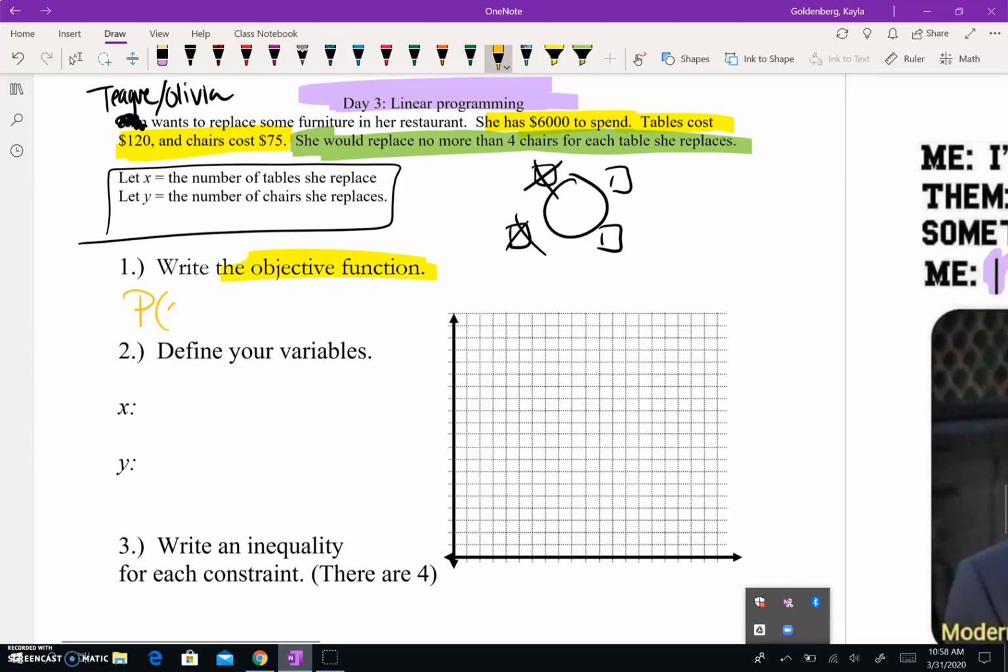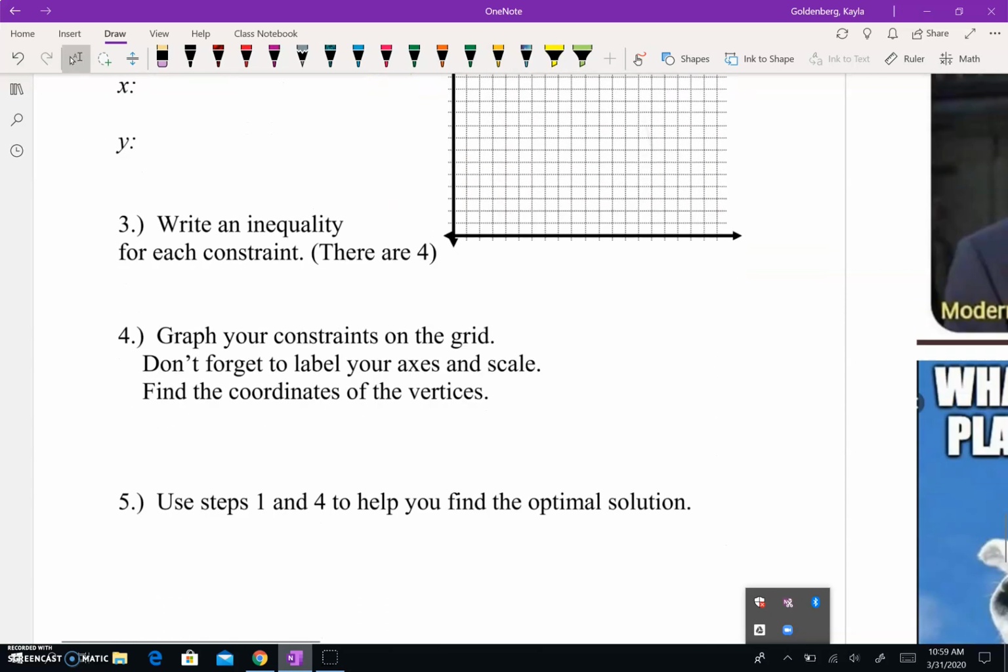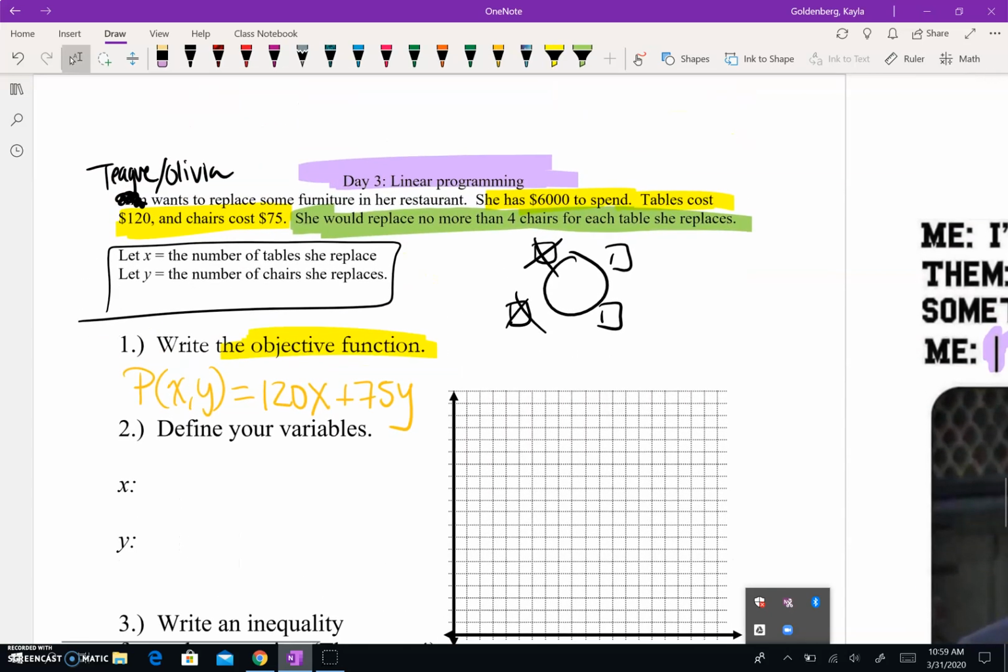So my profit based on X and Y is going to be, tables are 120 and tables are X. So 120 times X plus 75 times Y. And this actually, if I'm looking here, the optimal solution is not actually going to be profit, it's actually going to be cost. So apologies. Because this is looking for what's the minimum amount of money we have to spend, right?